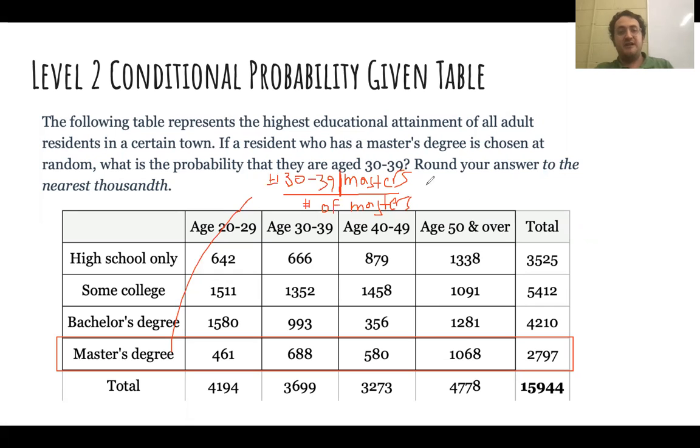So I'm going to do 688 over 2797. And that's going to be 0.246. So about a quarter of the people with master's degrees in this survey are in that age 30 to 39 range.